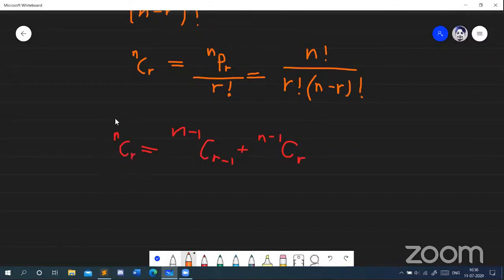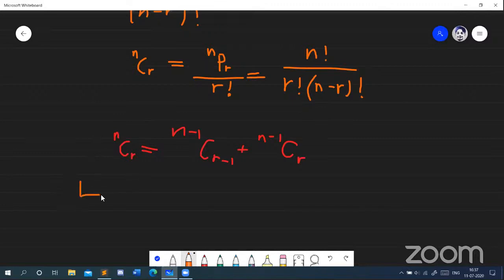What even is n choose r? It is the number of ways to choose r things from n things, or you could think about it as forming a team of r people from n people, and this would be the number of possible teams.